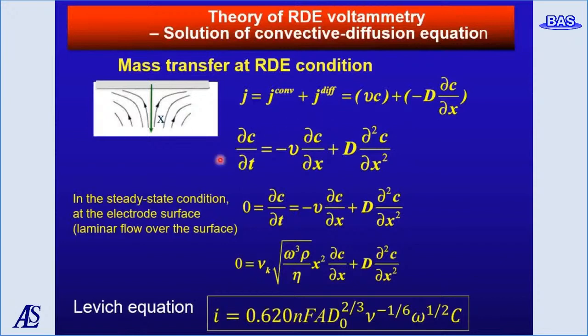From Fick's second law, with the x-axis normal to the electrode surface, given in these equations, in the steady-state condition, ∂C/∂t is 0. Finally, considering the boundary conditions, the Levich equation was obtained.